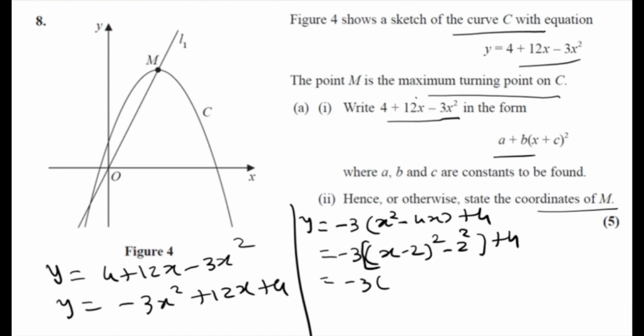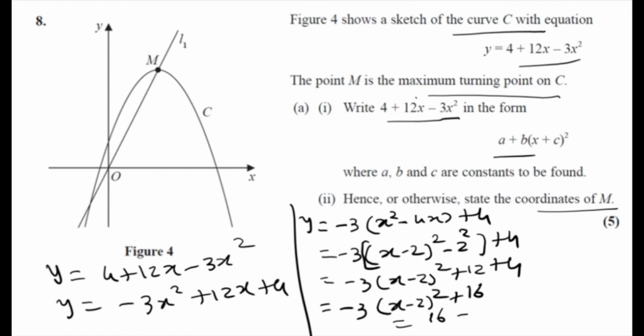So −3[(x − 2)² − 4]. 4 times 3 gives me 12, but my negative and negative is plus 12, plus 4. So −3(x − 2)² + 16. Now rearrange it, so I can write it down as 16 − 3(x − 2)².